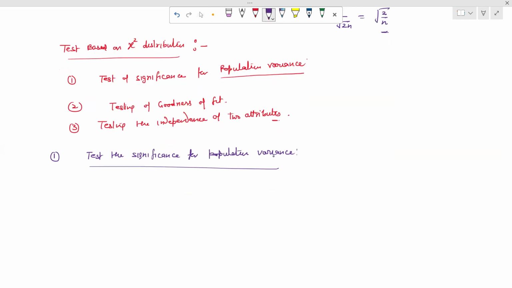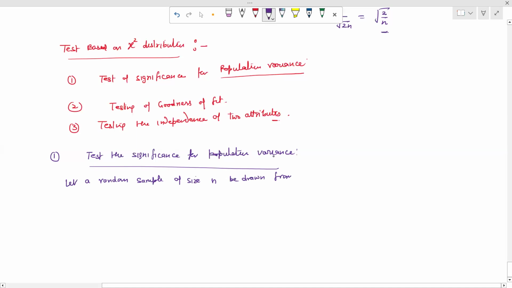So now we write: let a random sample of size n be drawn from a normal population with mean mu and variance sigma square, and sigma square is unknown.